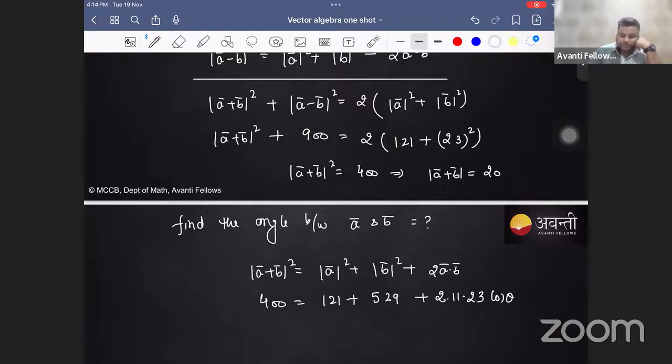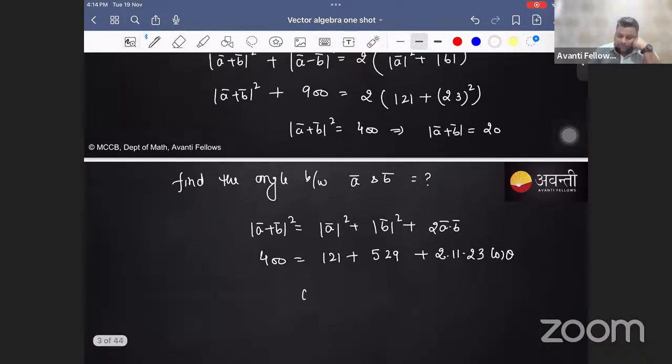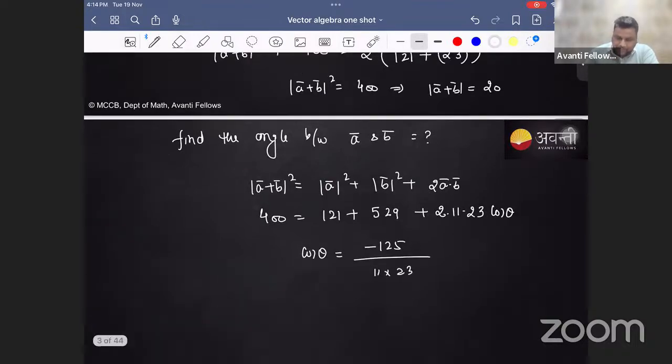Yes or no? So from this cos theta will be minus 125 upon 11 into 23. Got it? Which is definitely less than 0.